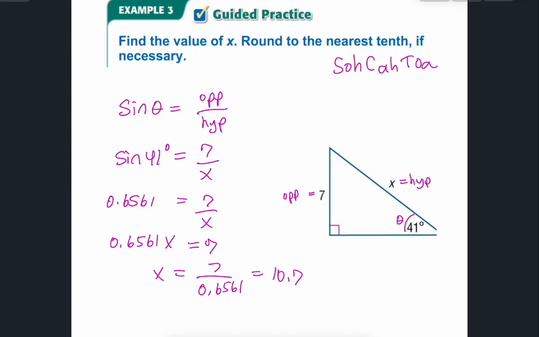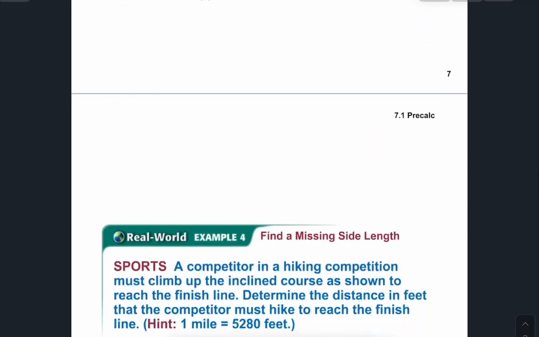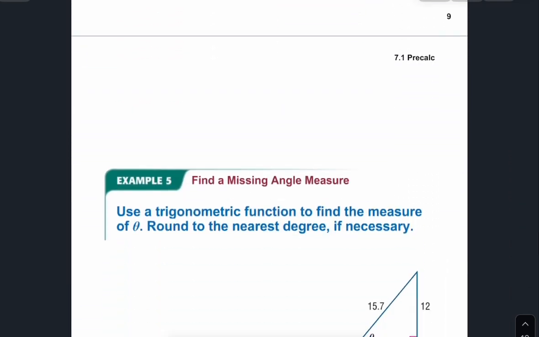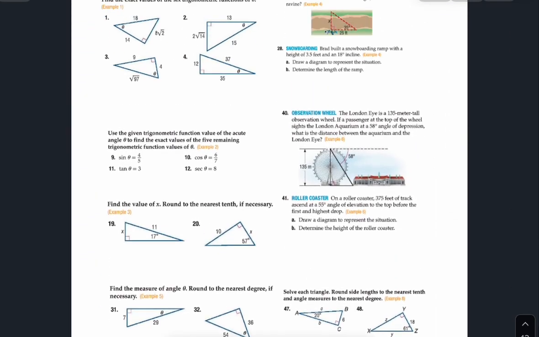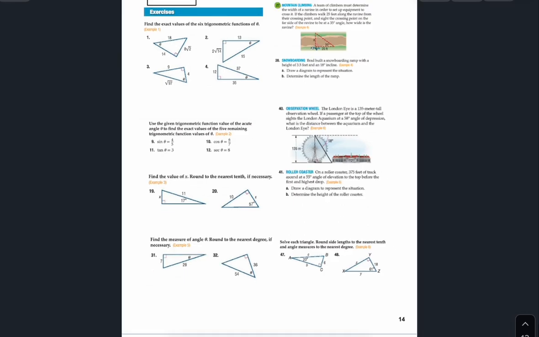Okay. The next few problems, we're going to hold off and talk about those tomorrow. But let's go start looking at the 7-1 homework. See the homework down here? Right now, you are prepared to do all of those except the word problems.